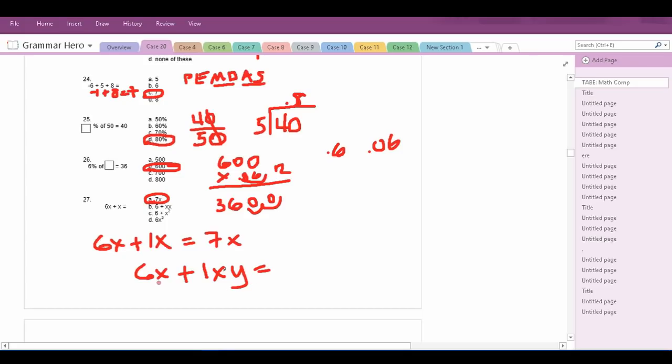This would be your answer. You can't add 6x plus 1xy because this 1 times x times y is totally different than just 1 times x. In this case, we don't know what the y value is, but it changes the x value. So as long as you have the same things, you can add them together.